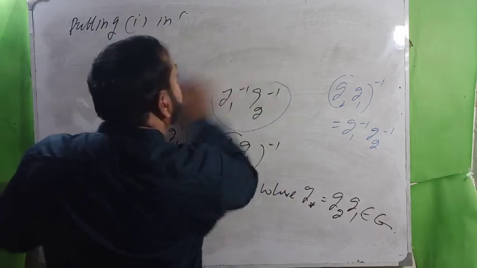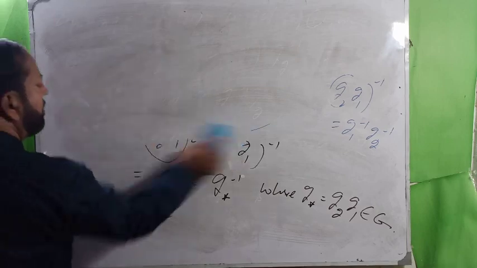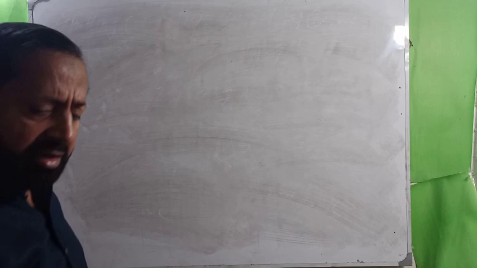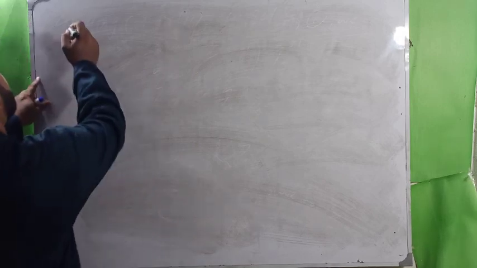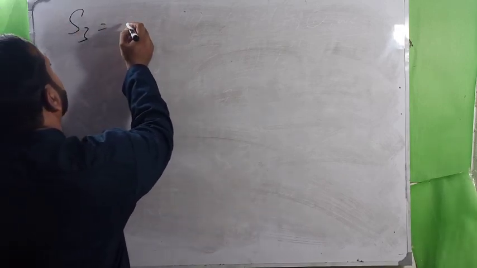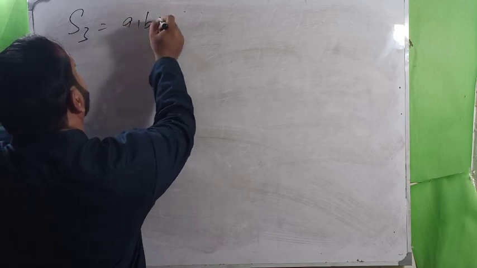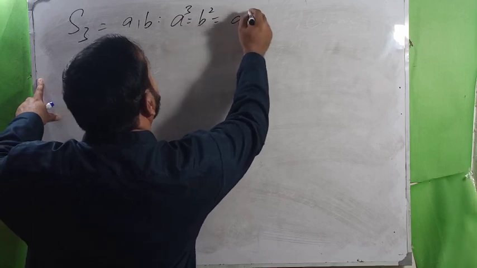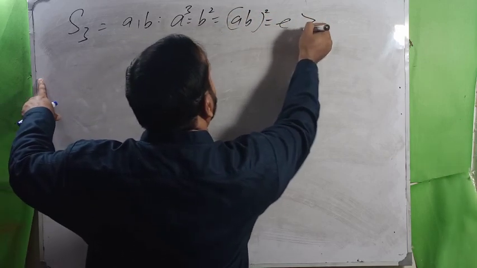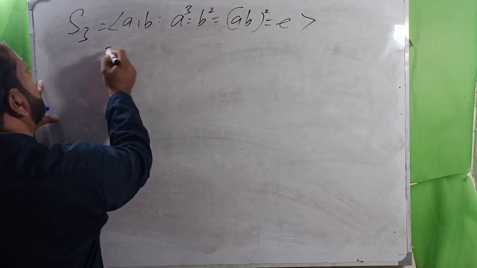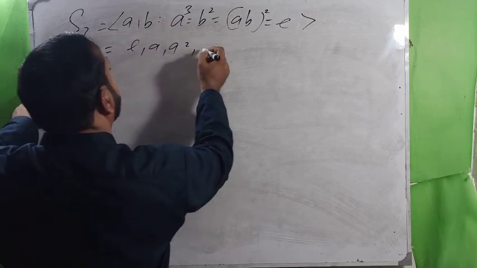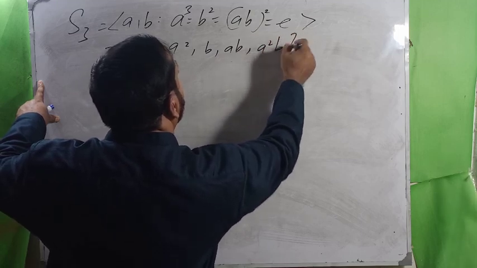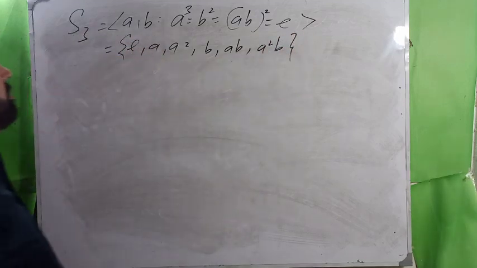Okay, so now try to find the conjugacy classes of S3. Can we find the conjugacy classes of S3? What is S3? You know S3 is equal to {E, A, A square, B, AB, A square B}, where A cube is equal to E, B square is equal to E, and BA is equal to A square B, of course.